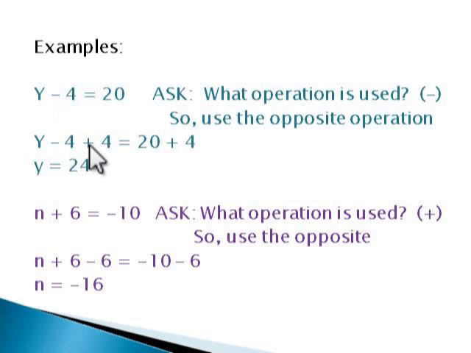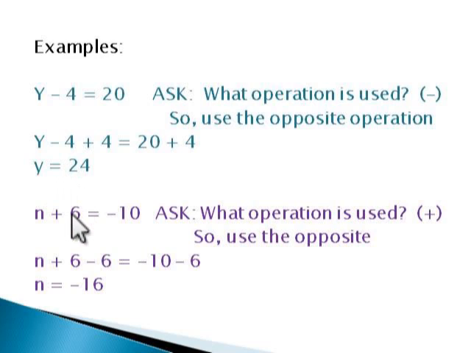So we're going to add 4 to this side of the equal sign, and we're going to add 4 to that side of the equal sign. So then if we took a y and we subtracted 4, but then we added 4, we'd go back to just having the y. On this side, we have to take the 20 and add the 4. And so this is called our solution, y equals 24.